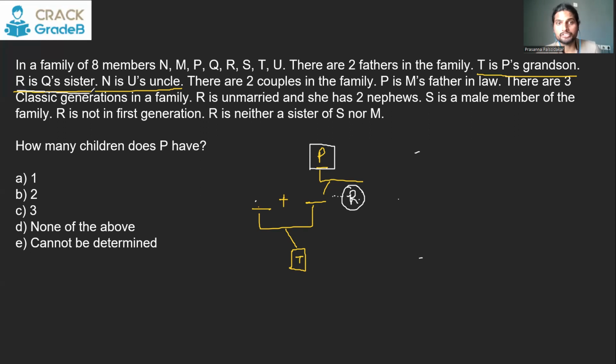R is Q's sister. So Q can be this person as well. Q can be another person on this side as well. So right now again we can't be assured whether this is Q or Q is on the other side, a sibling of R. N is U's uncle.